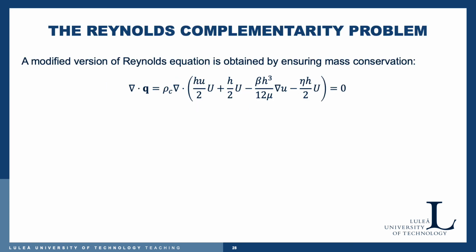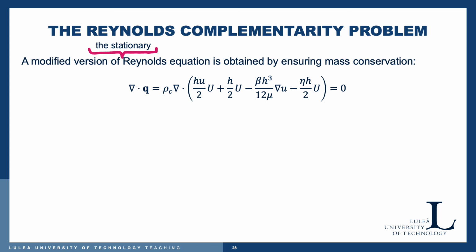With the expression for the mass flow obtained before, we can now formulate a modified version of the Reynolds equation by just ensuring mass conservation. In the stationary case, we should have the divergence of q, the mass flow, equal to 0.